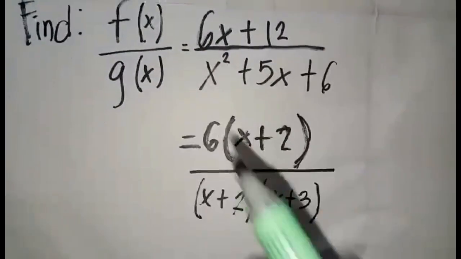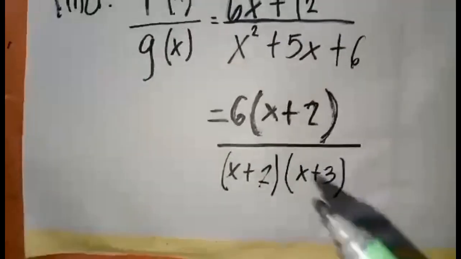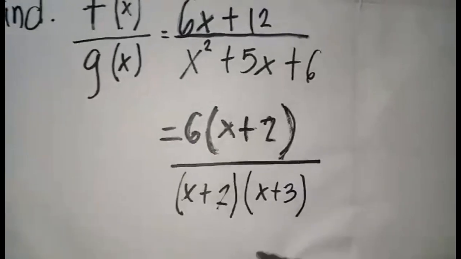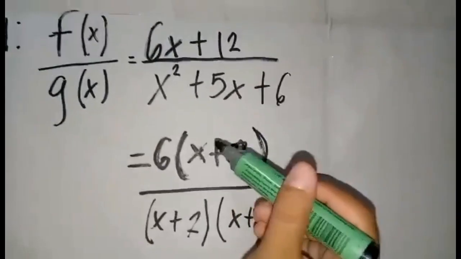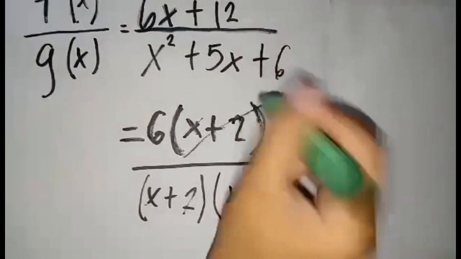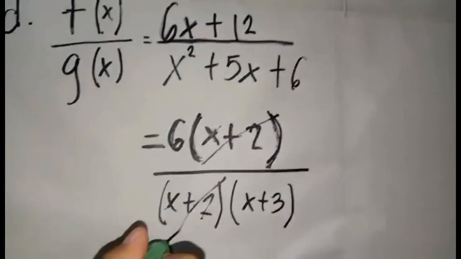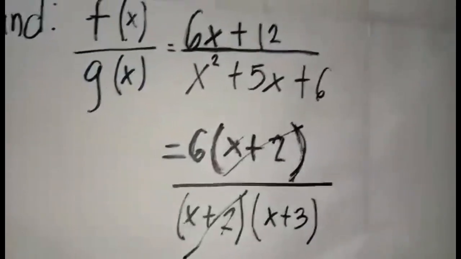So next, simplify further by factoring out common factors in the numerator and denominator. So let's cancel x plus 2 in our numerator and x plus 2 in our denominator.